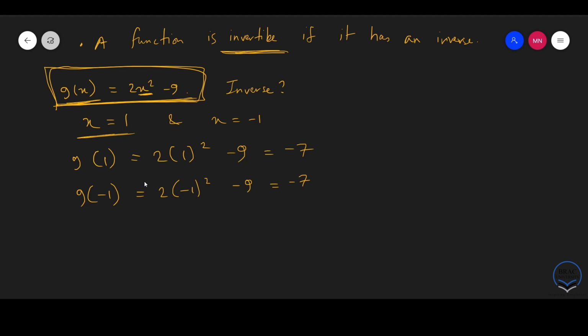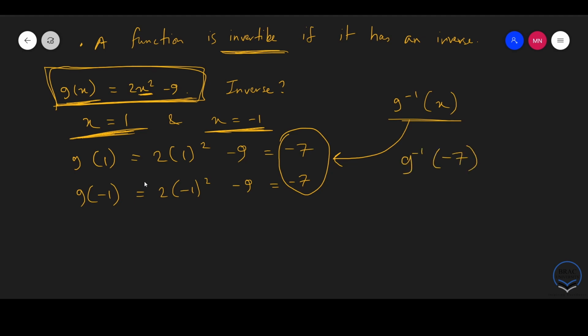Right, so now we can see that for more than one value of x, we're getting the exact same output. So if we were to have an inverse function, say g inverse of x, what does the inverse function do? It will take the output of the function g and give us the input as an output. So let's say we are finding g inverse of minus 7.